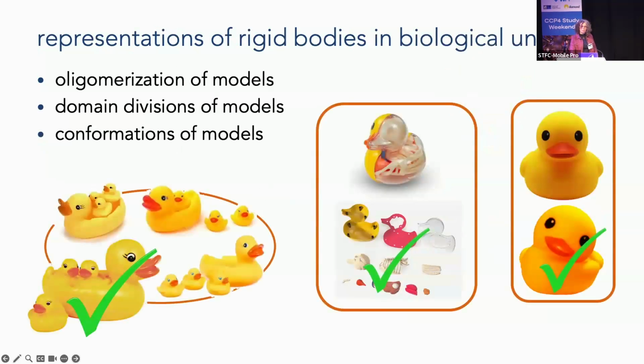You also don't know how to divide your structure up or accumulate your oligomers or look at your domain divisions of your structure before you start. So these are all ways that you might model your biological unit, as we call it, and you would need to be searching over these different combinations of representations of your biological unit at the same time.